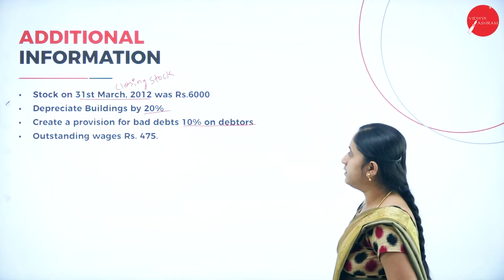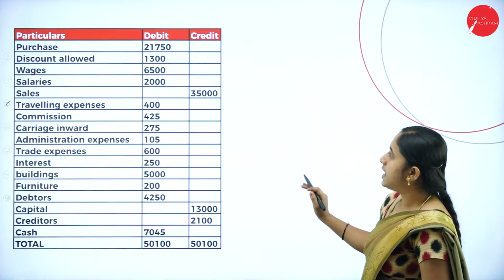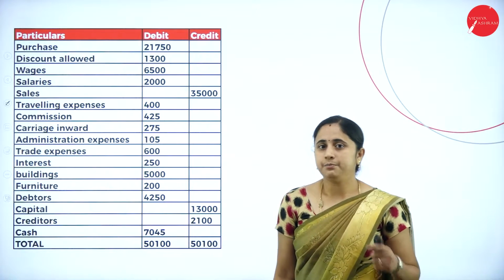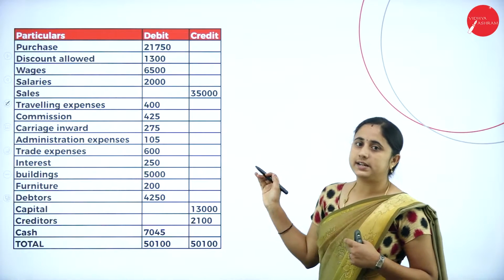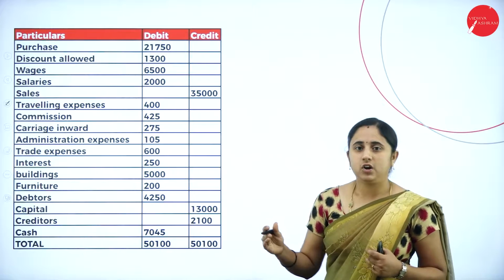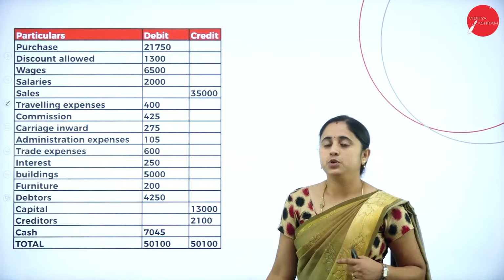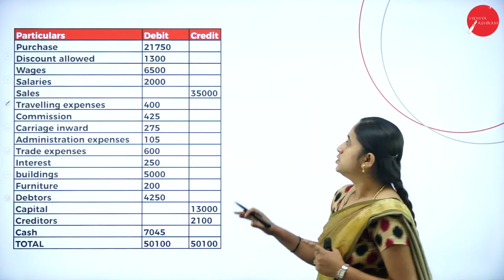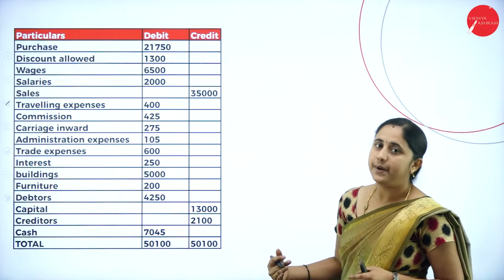Then outstanding wages 475. The difference between the trial balance and the additional information is that all the trial balance items will be considered once. Either it will come in the trading account or in the profit and loss account or in the balance sheet.